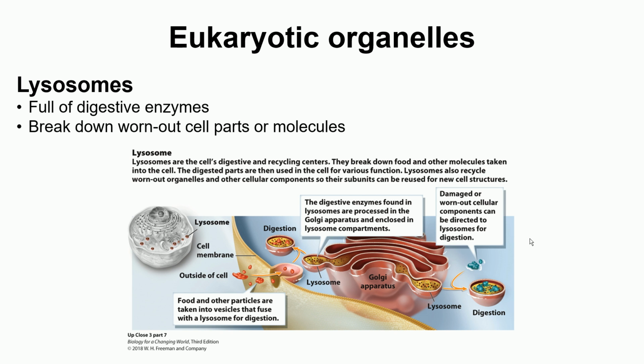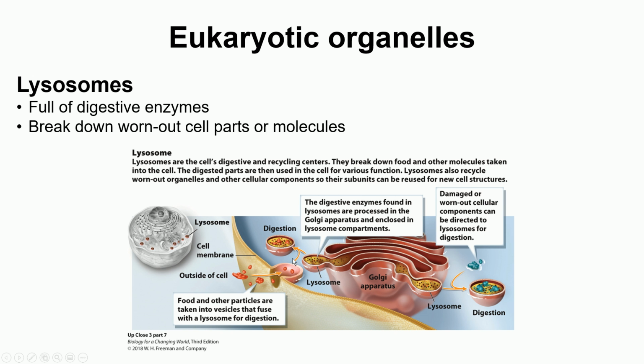Next organelle is lysosomes. Lysosomes are like the garbage disposal system of the cell. Basically anything which the cell doesn't need, or if something is entering the cell from outside, it is taken care of by lysosomes. Because these lysosomes have hydrolytic enzymes in them, they can degrade the material which the cell doesn't want. It can be some old organelle, or it can be something coming from outside into the cell.